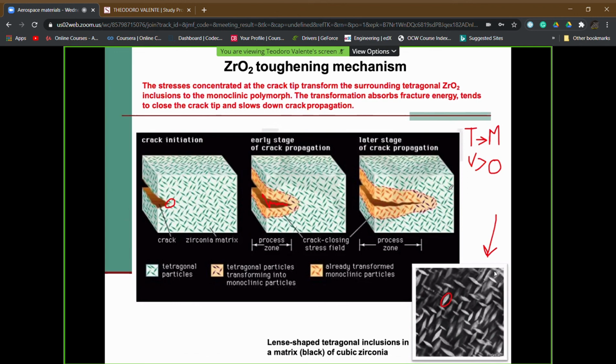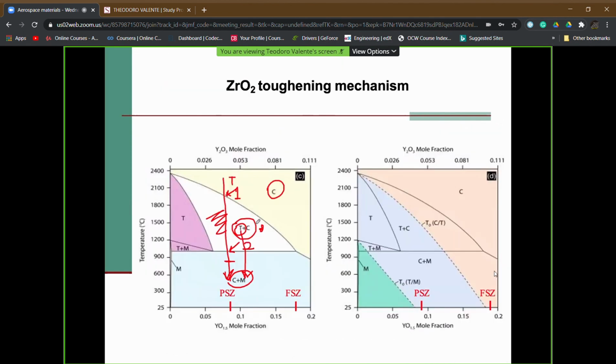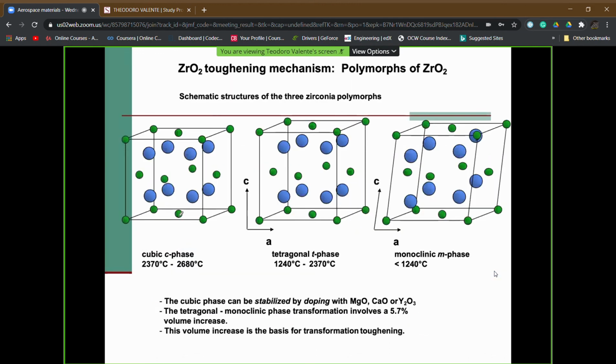And this is possible only if, in our phase diagram, we do have a double phase system, like in the case where we put zirconia together with yttrium oxide. If we are here, where we have just pure zirconia, what is going to happen from a thermodynamical point of view is what we have said.